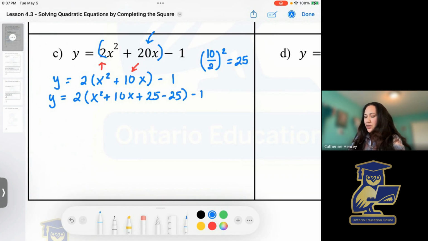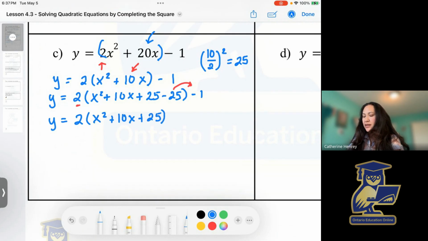Now again, I want to take this -25 out of the bracket, but we have a coefficient in front of the bracket. So what you have to remember to do here is multiply it by that coefficient before you actually move it out. So we'll have 2 times bracket x squared plus 10x plus 25.